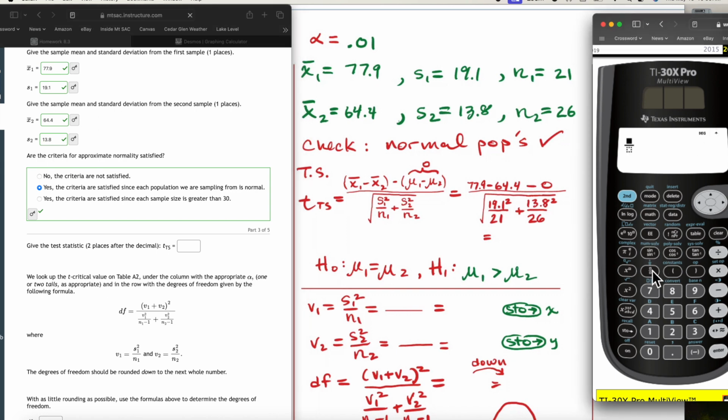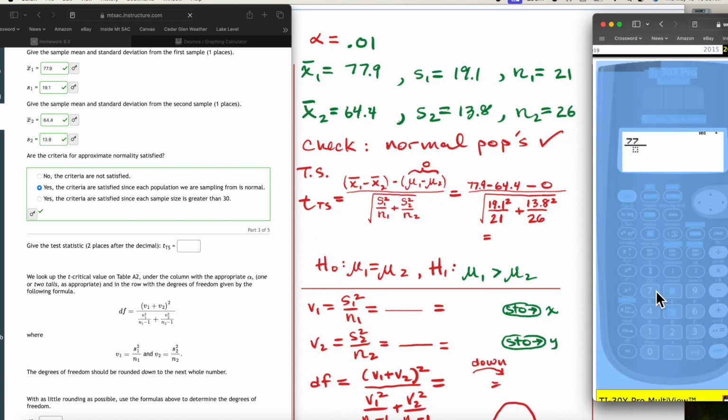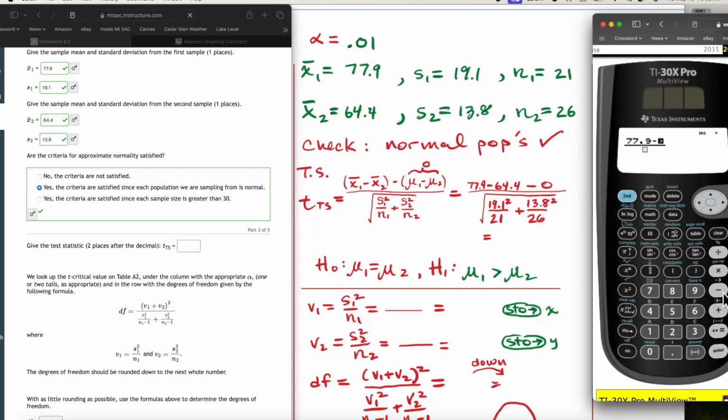So 77.9 minus 64.4, and then over square root with a fraction. All right, 19.1 squared over the sample size of 21.